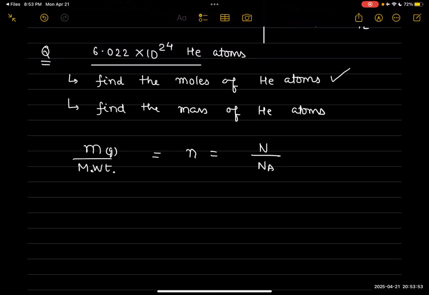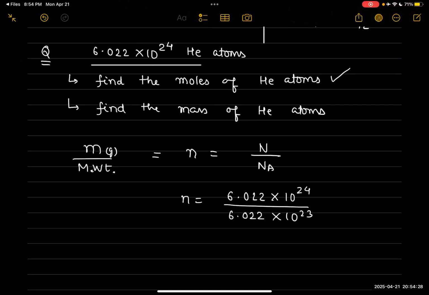Sorry, the number of helium atoms is given. So write n equals given number upon Avogadro number. So the given number is 10 to the power 24 upon Avogadro number, 6.022 into 10 to the power 23.